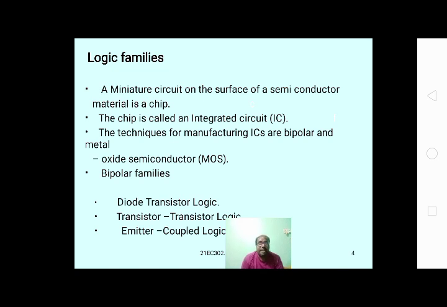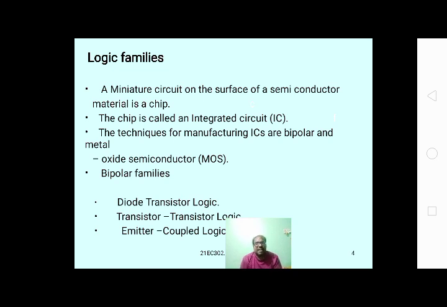Okay, once again repeating the logic families here. A miniature circuit, that is a small circuit on the surface of a semiconductor material, is called a chip. The chip is called an integrated circuit, that is IC. The techniques of manufacturing IC are bipolar and metal oxide semiconductors.